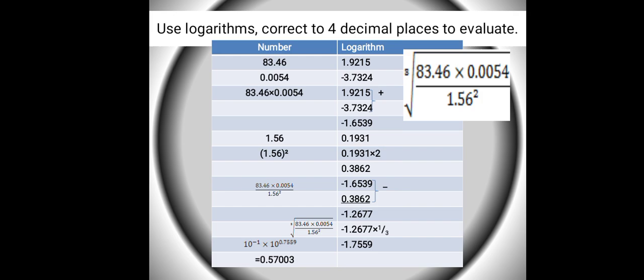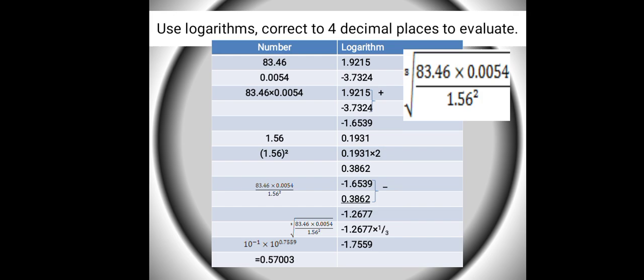Use logarithms correct to 4 decimal places to evaluate the cube root of 83.46 multiplied by 0.0054 all over the square of 1.56. Now the logarithm of 83.46 is 1.9215.